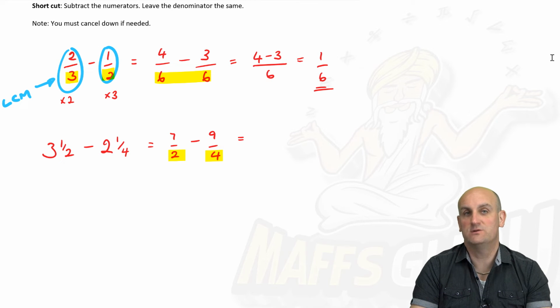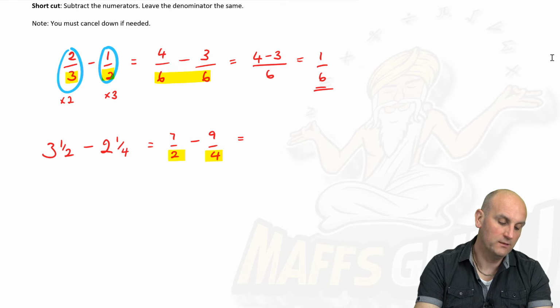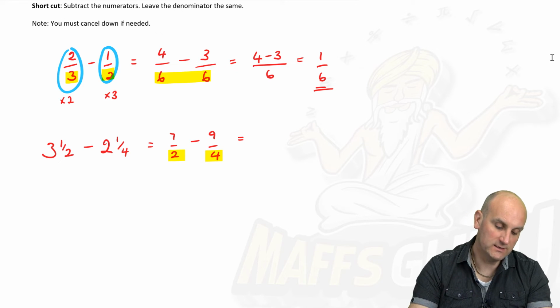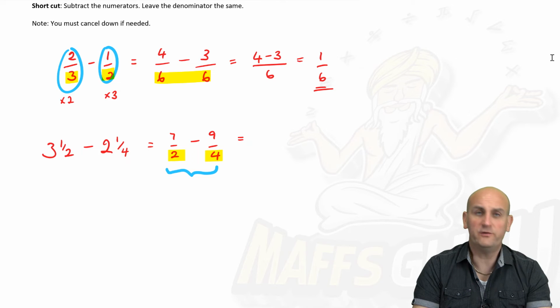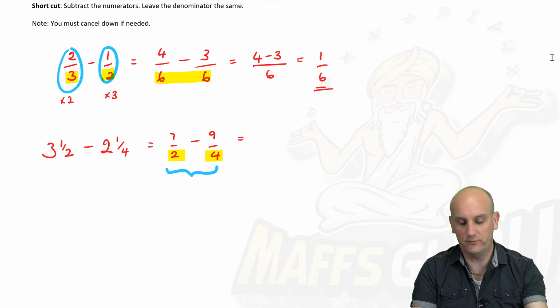Now if you don't understand what lowest common multiple is, it's trying to say what is the lowest number that both 3 and 2 go into, or what times table has both 3 and 2 in it. I want to ask the question here, what times table has both 2 and 4 in it? What's the lowest common multiple? Well, as it turns out, it's the 4 times table.